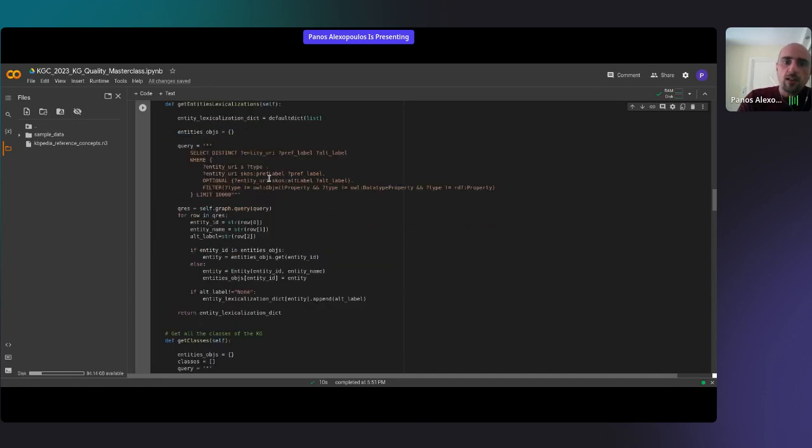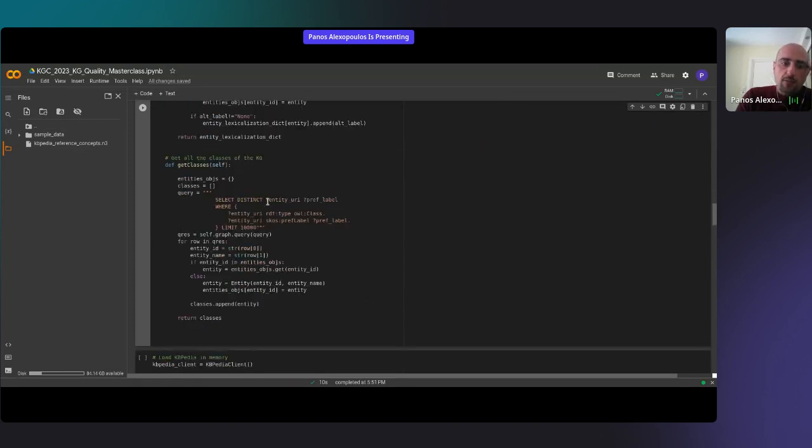You can see the query here. I don't know your level of experience with SPARQL, but very briefly, what this says is: give me the entity URIs and the preferred and alternative labels for entities that are not properties. I deliberately did that.